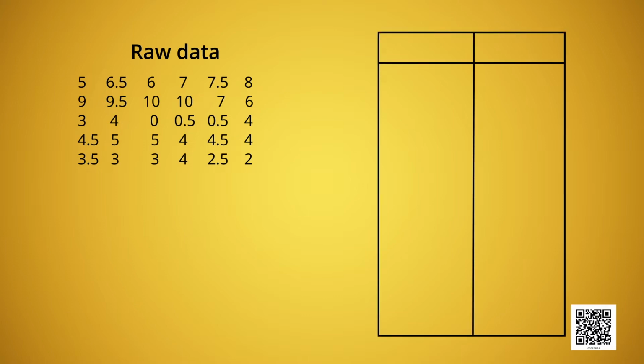Here I am going to show the marks and here the number of students who have scored the particular mark. Now you can see the minimum marks was 0. How many students have scored 0? That is only 1. Then 0.5, that is 2. Then 2, only one student has scored 2 marks. Then 2.5, one student has scored 2.5.